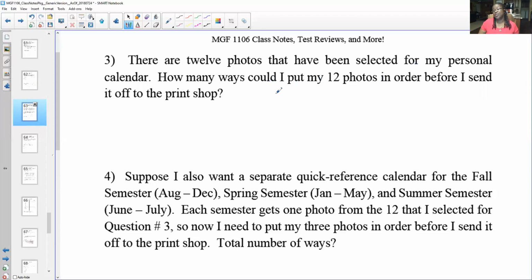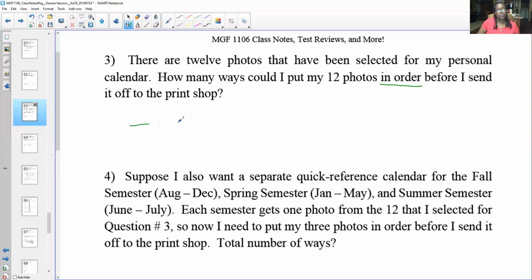And we know a calendar consists of 12 months. Here are the key words: in order. Told us the total number that we're choosing from. So there's our structure right there. We're talking about a calendar, and we know that we got to put that in order. So we need 12 lines.